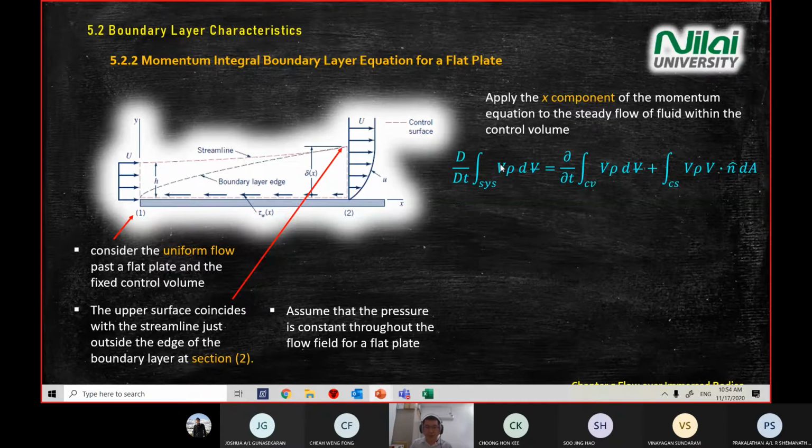The momentum equation starts with the integral of V rho d-volume, where capital V is velocity and the V with a hat is volume.